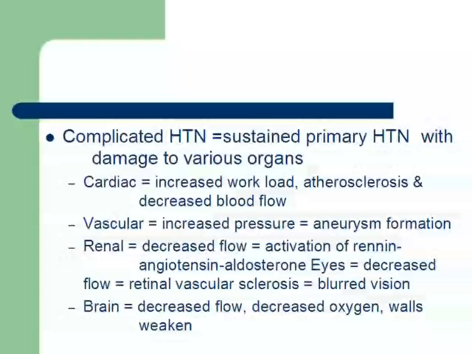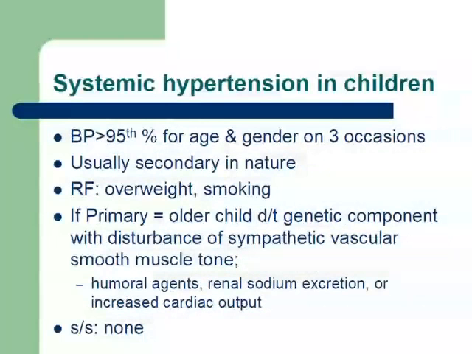In the brain, it causes decreased blood flow, decreased oxygen, the walls will weaken, that could lead to a transient ischemic attack or a cerebral vascular accident, which is a stroke, aneurysm formation, hemorrhage, or thrombus formation. So it becomes very complicated in that it affects multiple systems and can cause major problems.